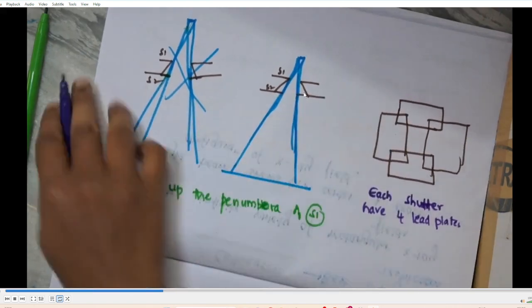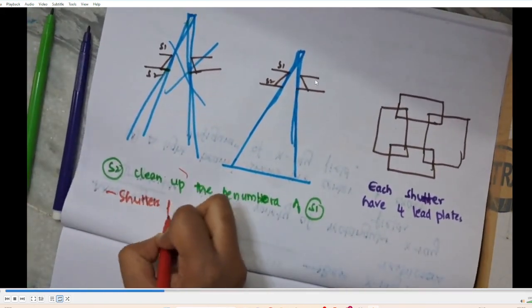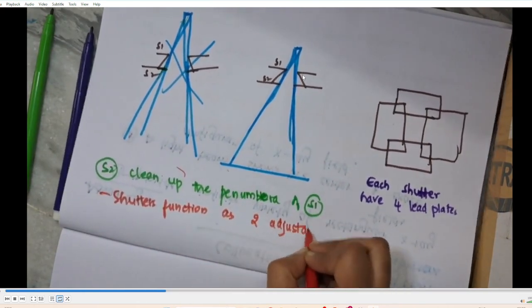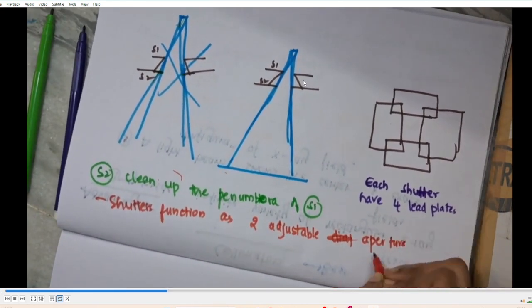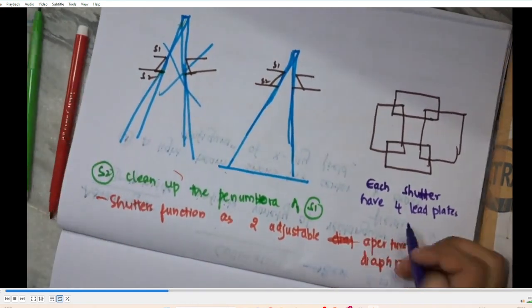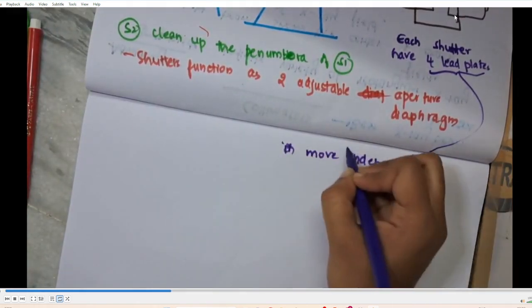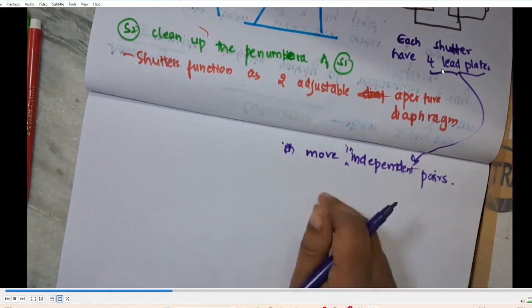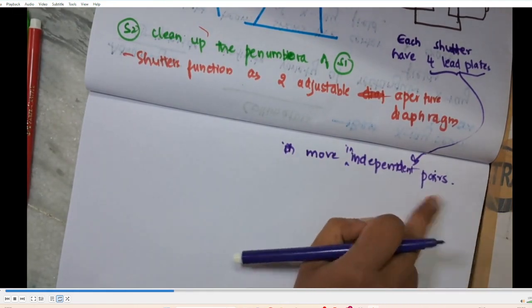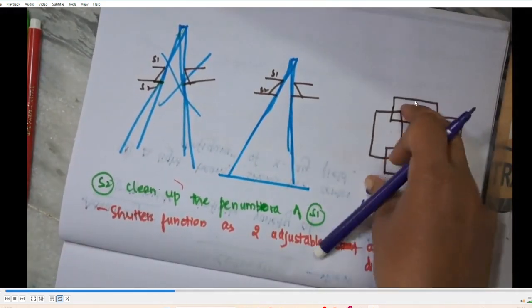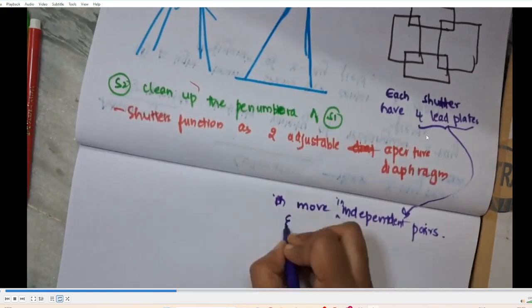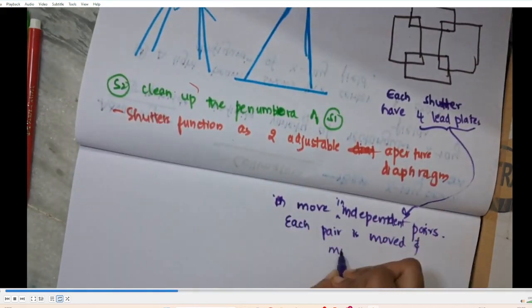So one pair can be adjusted without moving the other pair, and one lead plate can be moved independently of the other.